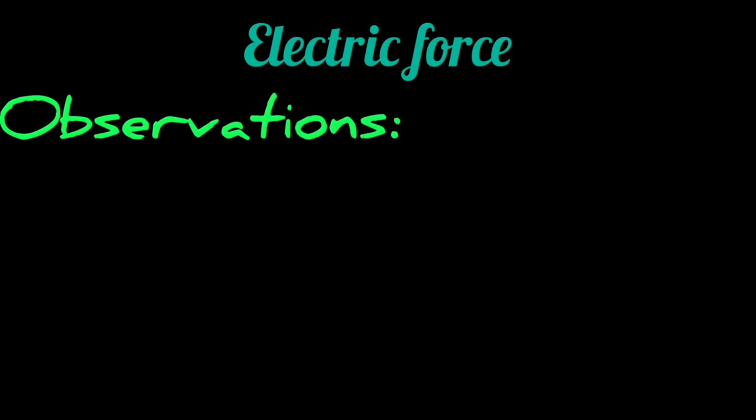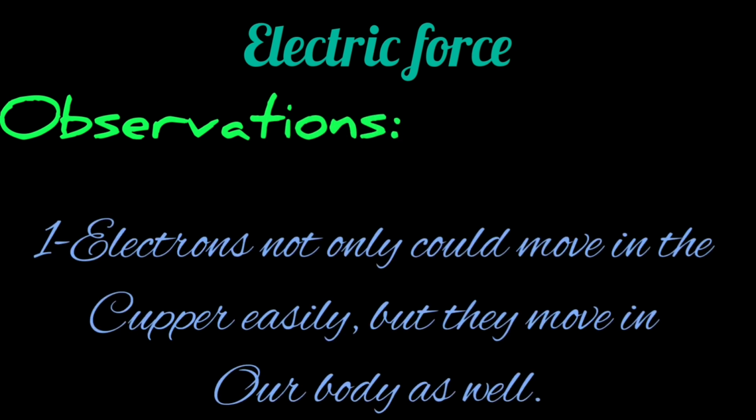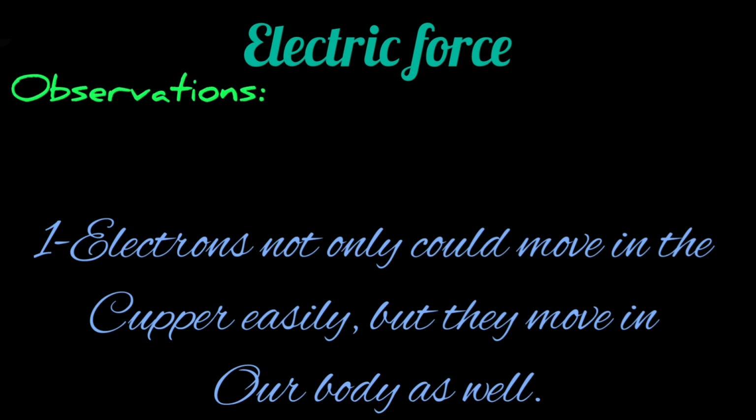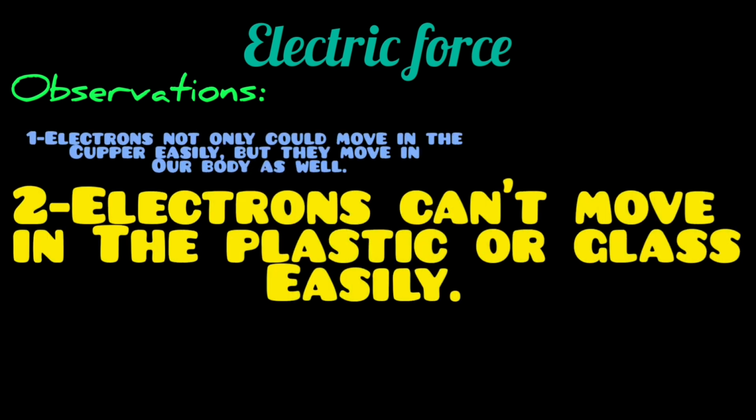The result for this observation is that the first time, extra electrons in the copper rod would go through our body and to the ground, since our body, like everything else, is also made up of atoms. So it is clear that not only electrons move from one material to the other, but also they sometimes move more or less depending on that material.